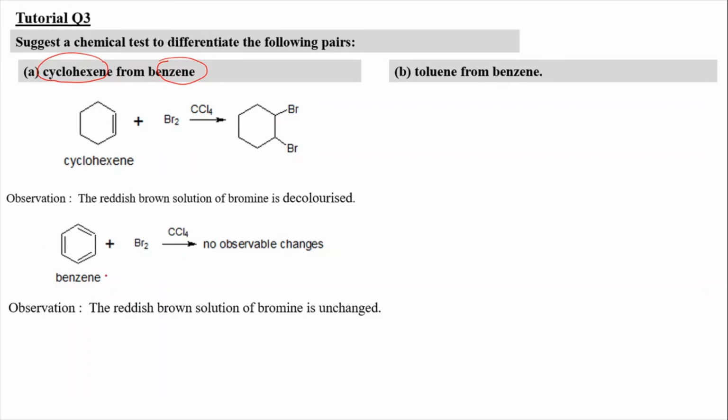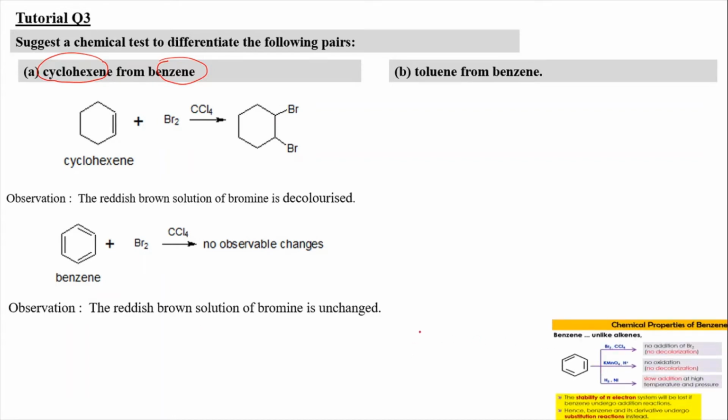Okay, so this situation here is the thing that I already mentioned in your lecture slide. Yang mana I have talked about benzene, it will not undergo addition reaction with bromine, it will not undergo oxidation kerana the benzene need to maintain the pi electron delocalization.